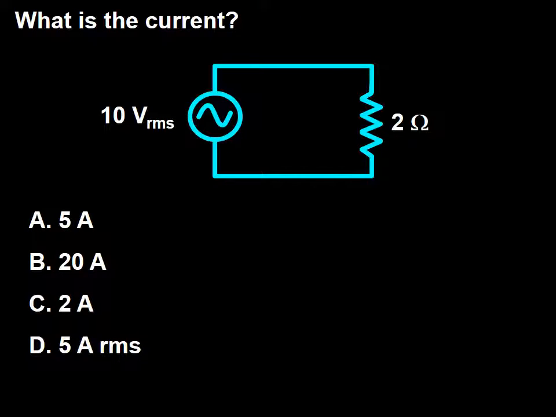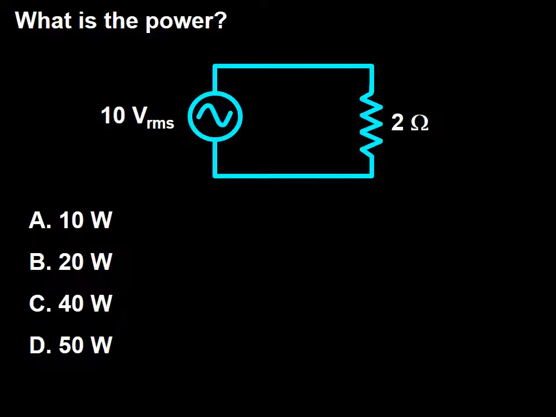So the answer to this question is D, 5 amp RMS. It is very important that we do not forget the RMS added to the 5 amp. Next question. What is the power of the circuit?